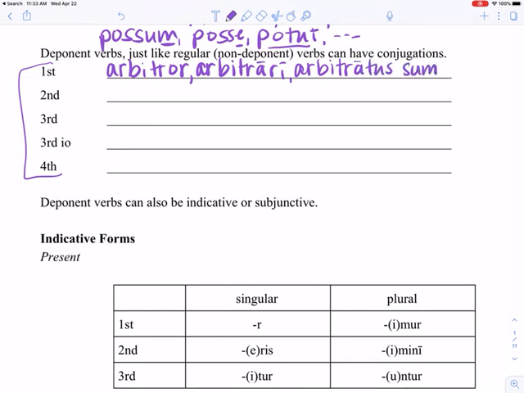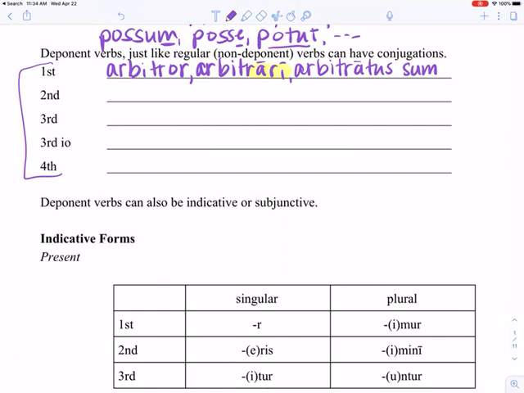This one is first conjugation because normally first conjugation verbs, those non-deponent verbs, end in long -are. Deponent first conjugation verbs end in -ari with a macron.